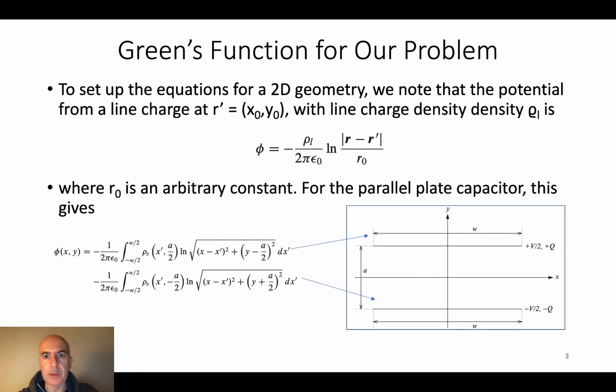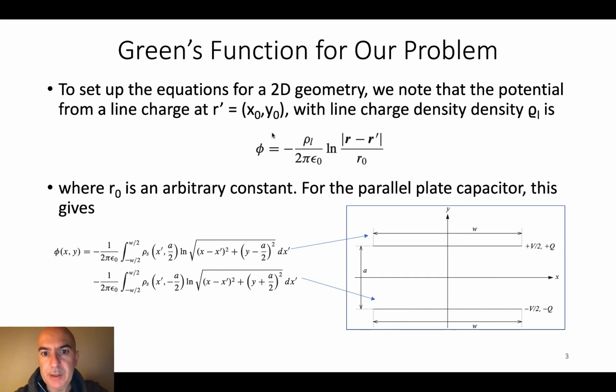That is a function of the distance between the point where we want to calculate our potential, the observer position, and the position of our source. In our case, it would be the source on one element, and then we calculate the potential. This distance is divided by a constant called rho naught.